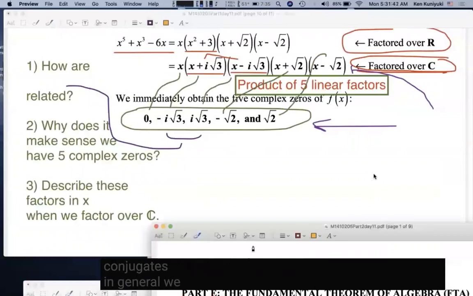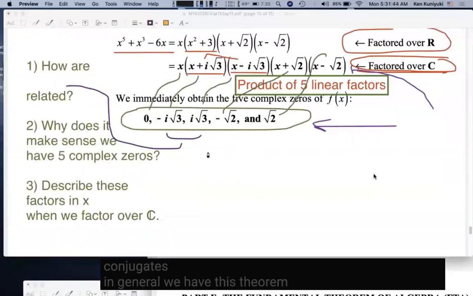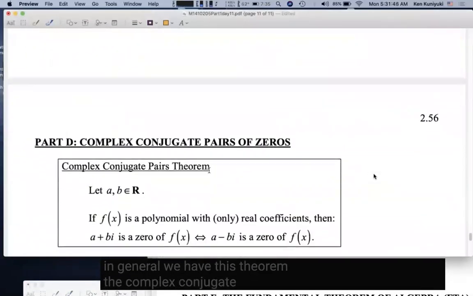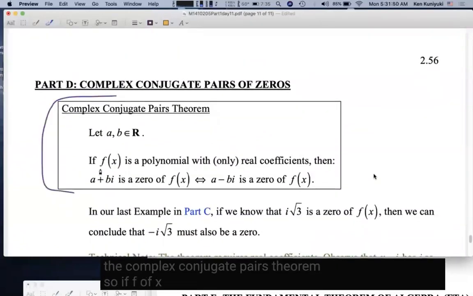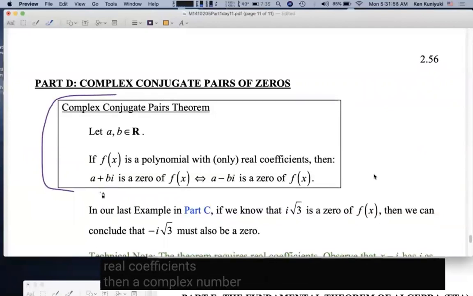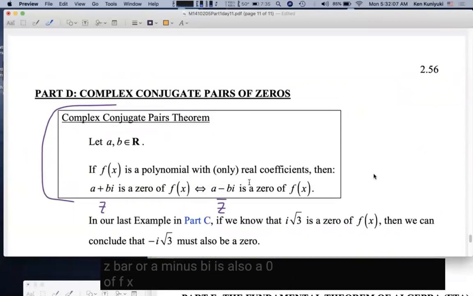In general, we have this theorem, the complex conjugate pairs theorem. So if f of x is a polynomial with only real coefficients, then a complex number z, say a plus bi, is a zero of f of x if and only if its complex conjugate z bar, or a minus bi, is also a zero of f of x.